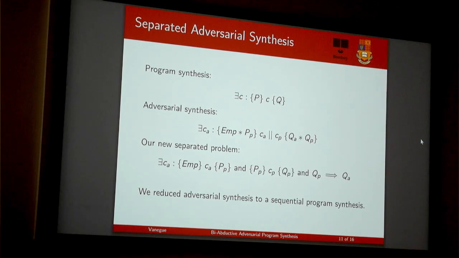So our new problem is to find out whether there is an adversarial program, CA, that goes from the empty precondition to the precondition of the program, and once that program is executed it leads to the postcondition of the program, QP, and that postcondition QP will imply the desired adversarial postcondition. So by using bi-abduction, we reduced concurrent program synthesis to just regular sequential program synthesis, which is obviously much simpler.